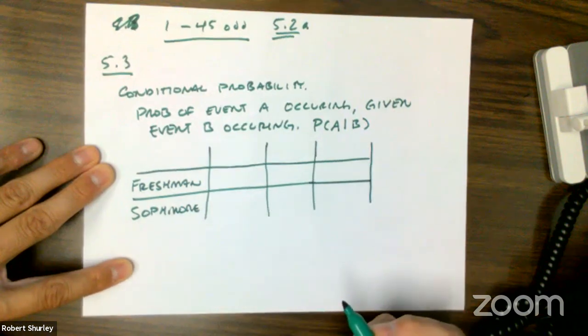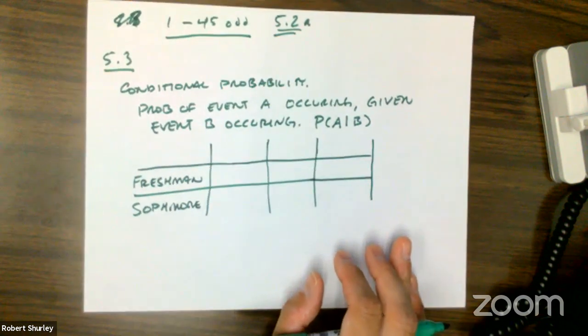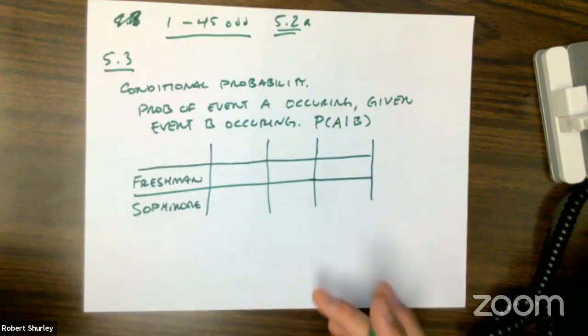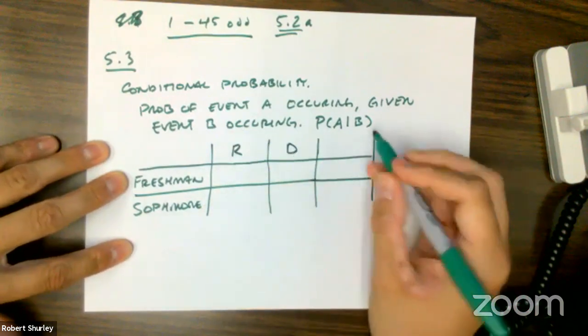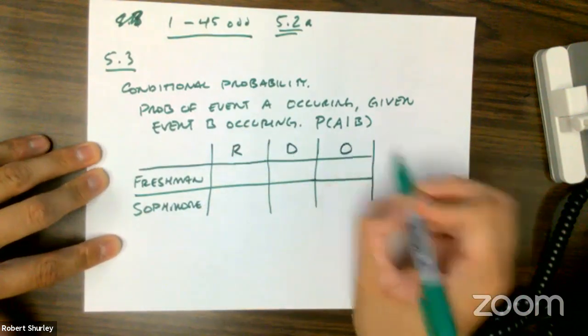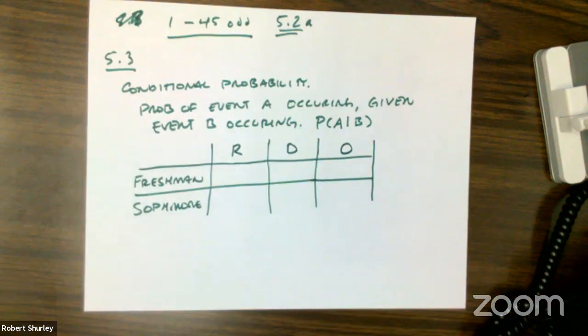And let's say we group them into 3 different groups. Let's say we poll them about who they're voting for. So we're going to go Republican, Democrat, and other. We'll use O for other. Okay. Republican, Democrat, and O for other.